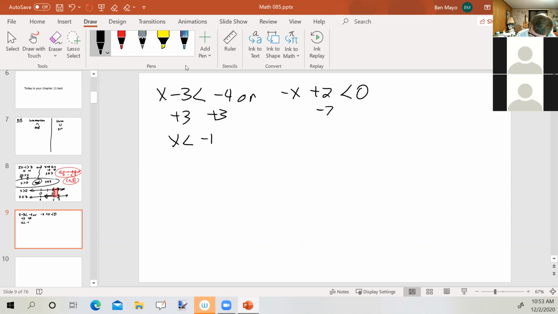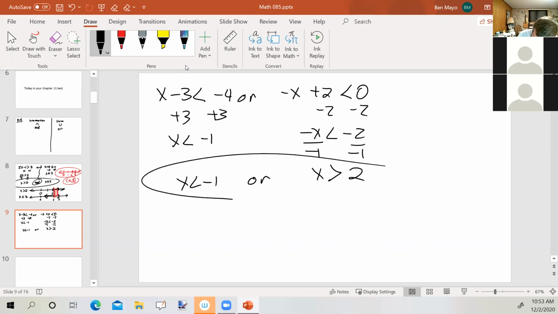The one on the right, I'll subtract 2. Negative x less than negative 2. But now, do you recall when you multiply or divide both sides of an inequality by a negative number? We talked about this a couple of days ago. You change the direction of the inequality symbol. So I've got x less than negative 1 or x greater than 2.